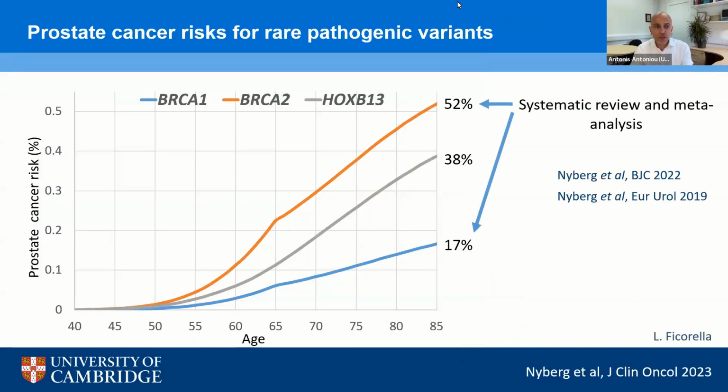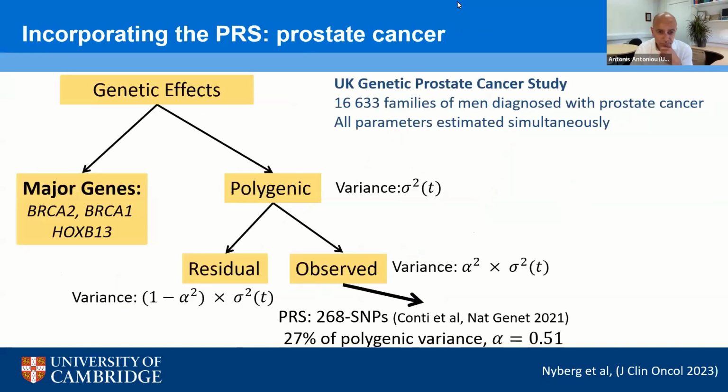So just to give you an idea of the average risks that are included in the model. For example, in the case of BRCA2, the average risk by age 85 is around 52%. For heterozygote carriers of the HOXB13 variant, around 38%. And then we include also the polygenic scores.